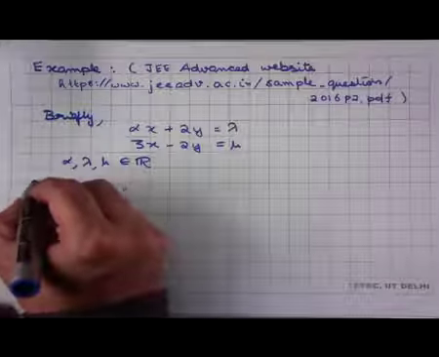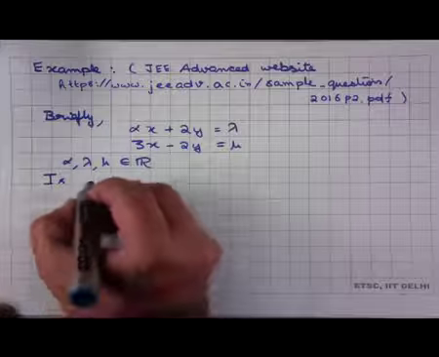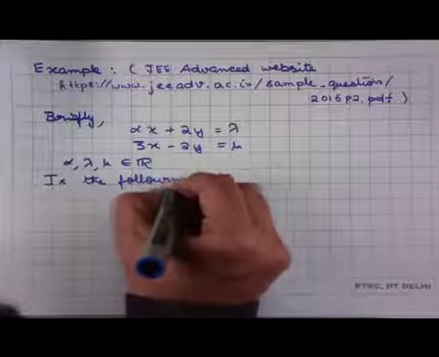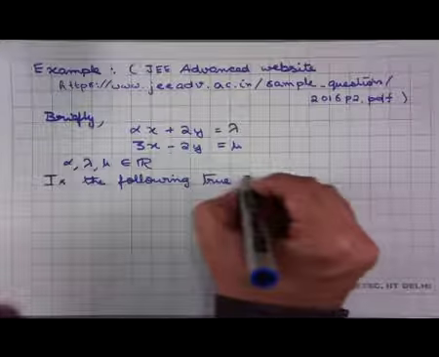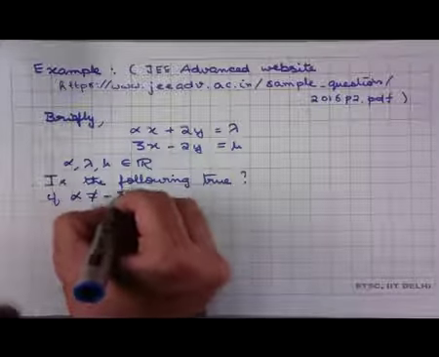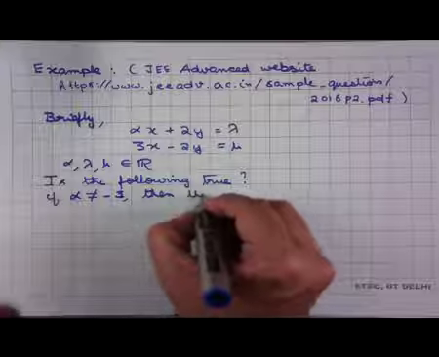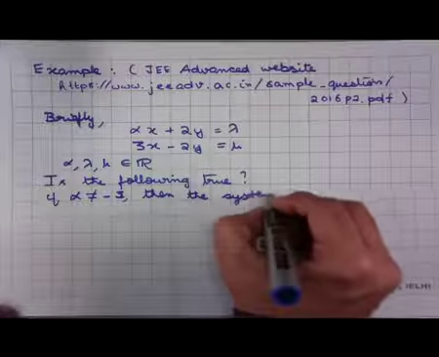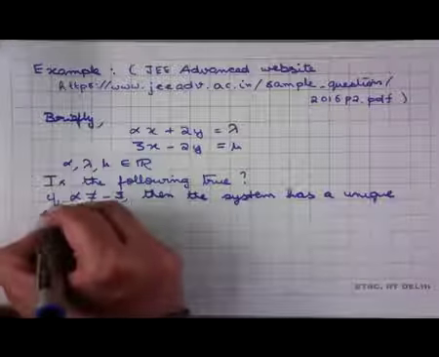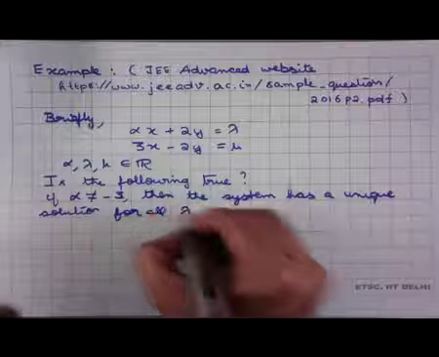The particular option we are going to look at is the following: if alpha is not equal to minus 3, then the system has a unique solution for all lambda and mu.